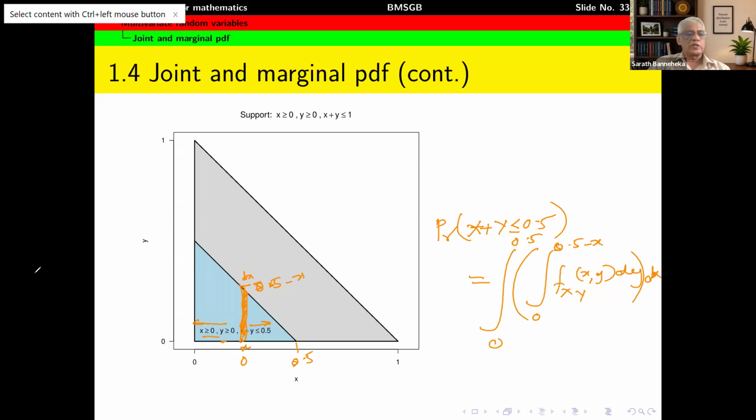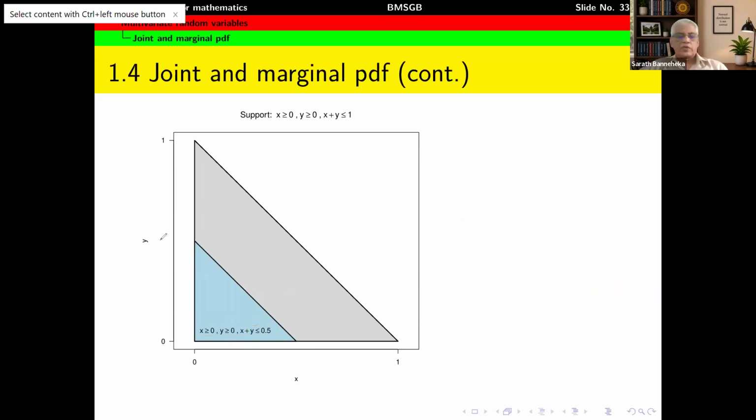Or you could consider a horizontal stripe, right? So first you will consider a horizontal stripe like this. In that case, the y value is fixed. So here I'm going to find the volume under this small stripe. This is going to be dy, the length is dy.